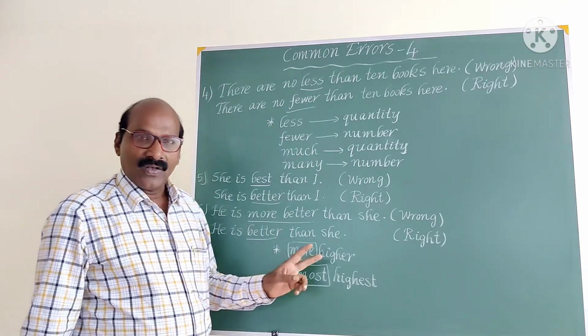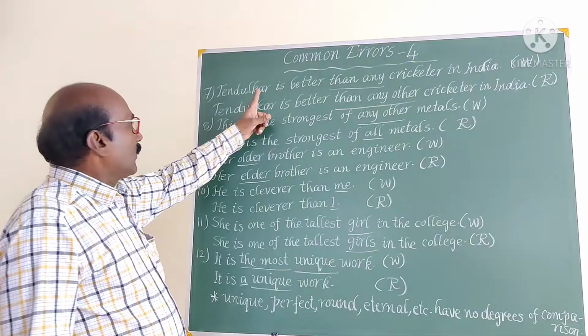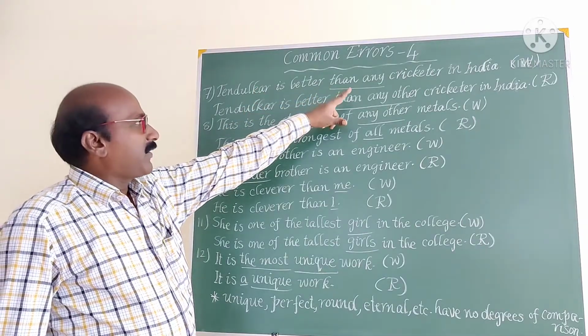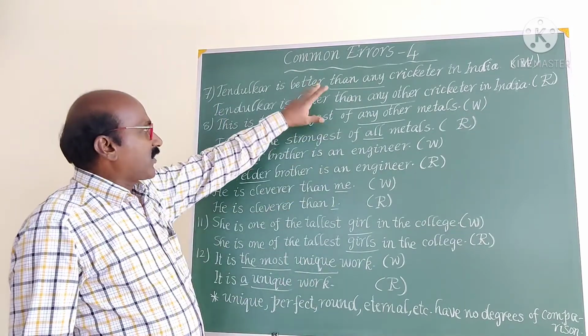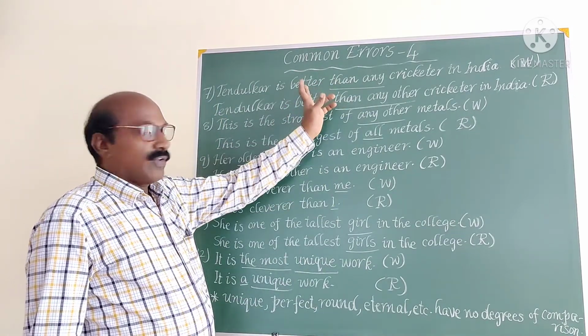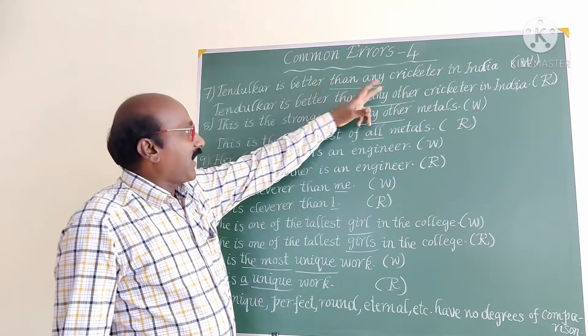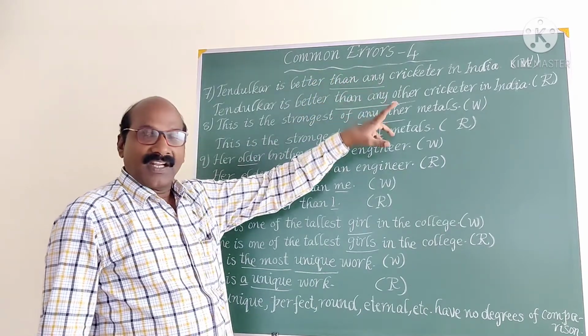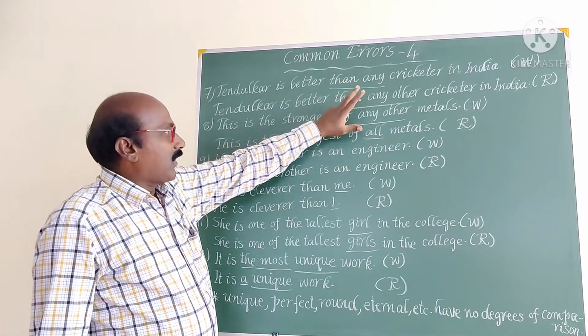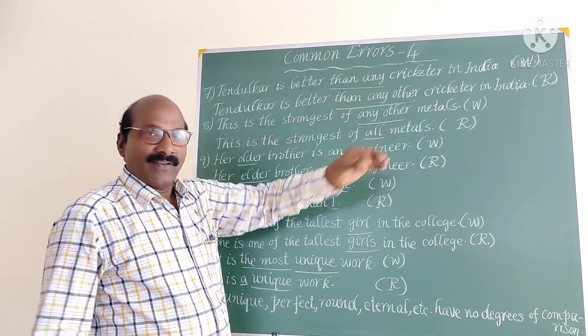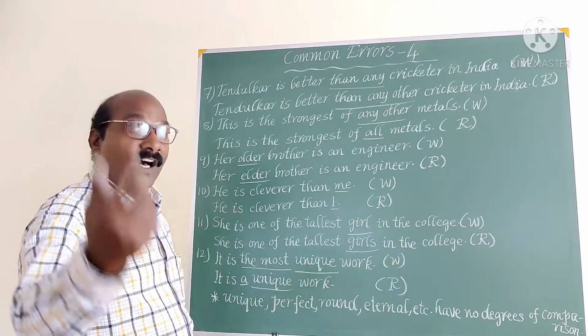And let's know about some more examples. Tendulkar is better than any cricketer in India. Than any cricketer is a wrong expression because in the comparative degree, than any is always followed by other.